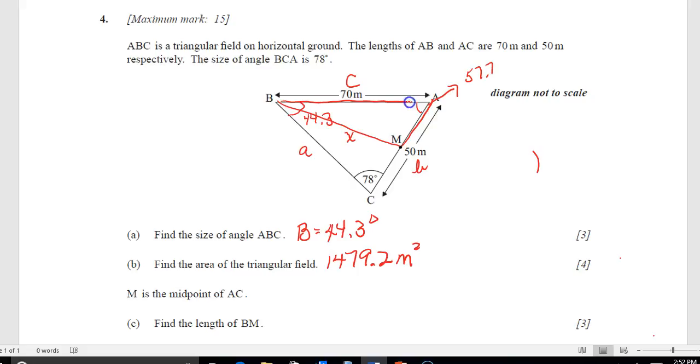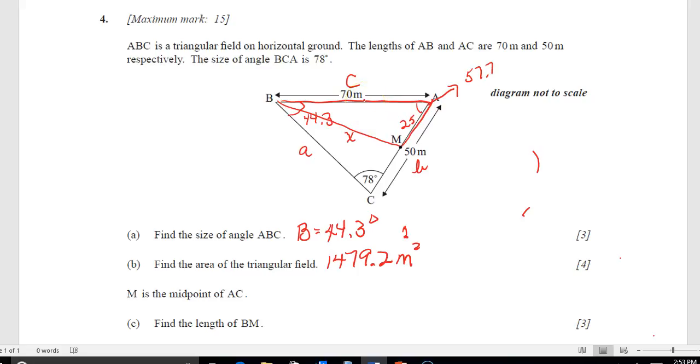That top part of the big triangle is also a triangle. And I know that from A to M is 25 because it told us that M was the midpoint. So let's see if we've got enough information to find x. Well, x is across from 57.7, but you don't have another angle that's across from the 25 or the 70.